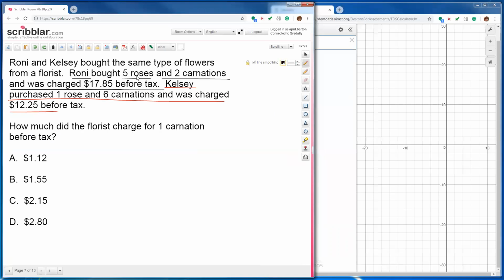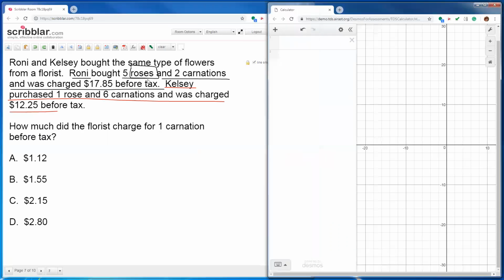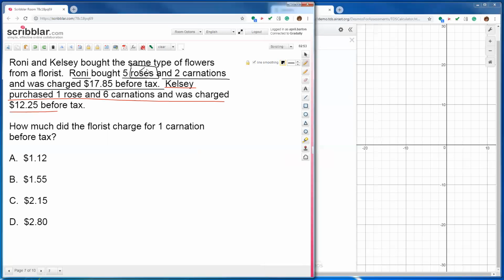So Ronnie bought 5 roses. If it gives you an item, we can replace that with a variable. Normally we would use something like an R, but this calculator is very picky and only allows X's and Y's. So instead of R, we're going to have to pick X or Y. So 5X.